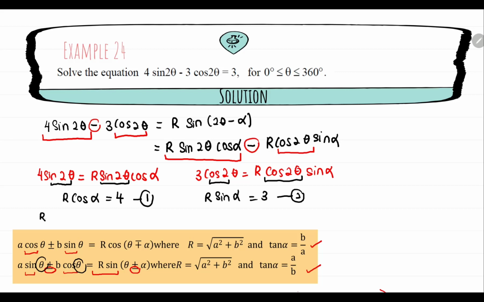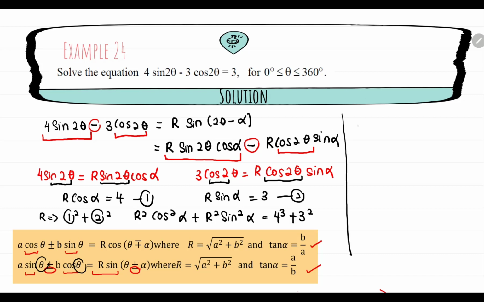To find R, we will take equation 1 squared plus equation 2 squared. So equation 1, R² cos² α, equation 2, R² sin² α equals, on the right hand side, equation 1 4² and equation 2 3². Okay, so now we're going to factorize R².